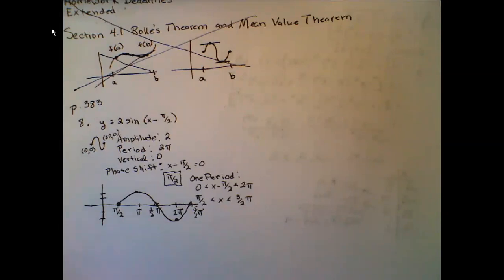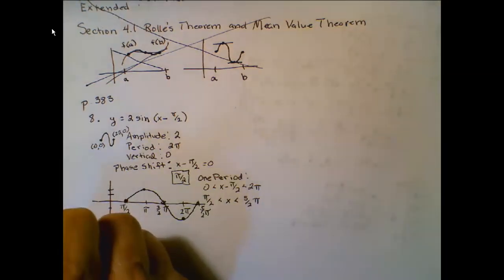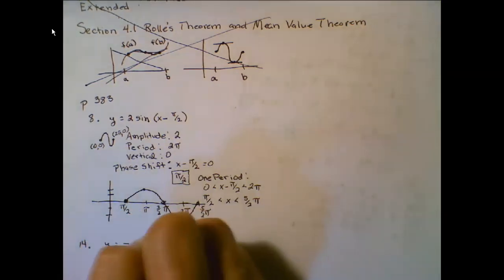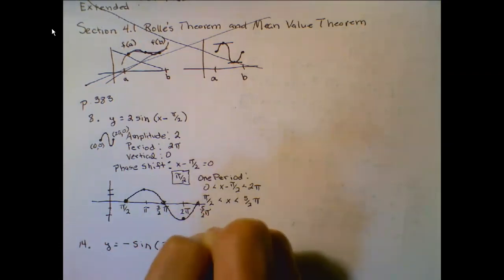Yes. Yay. All right. The next one I had circled. Ooh, 14's good. Wow, this has every possible thing you could do to a graph.